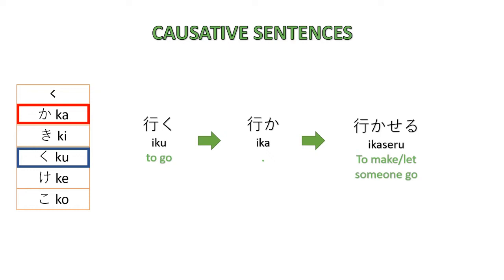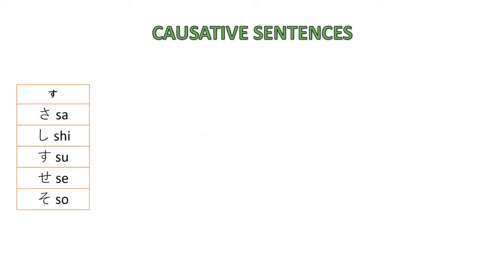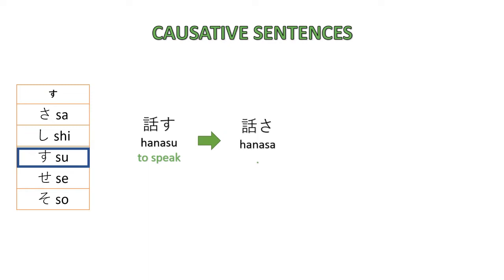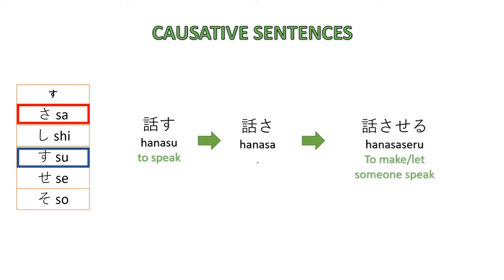Okay? Ikaseru. For verbs ending in su, like hanasu. Again, go up 2 steps in the hiragana ladder. So here we have hanasu, hanasa. And then add seru. Hanasaseru, to make or let someone speak.